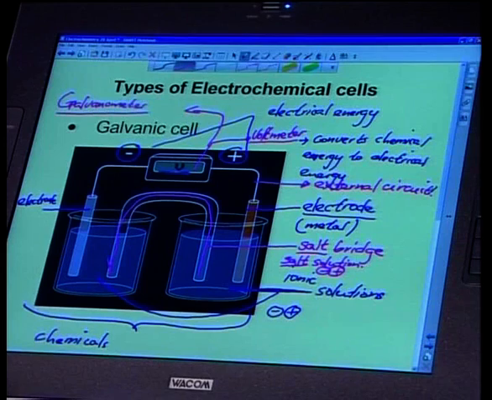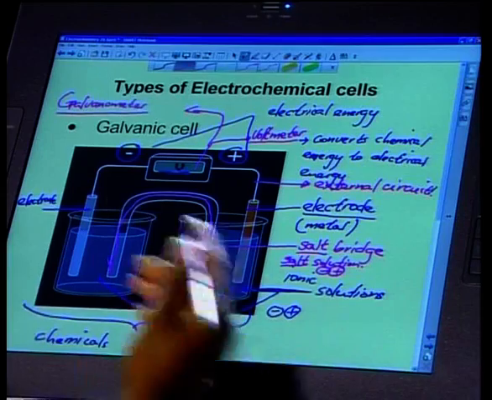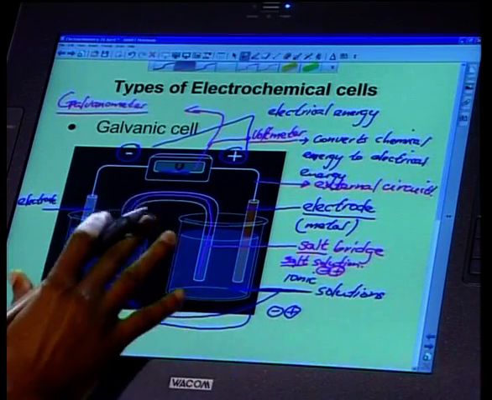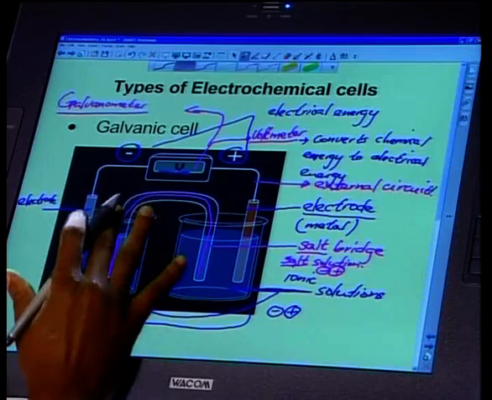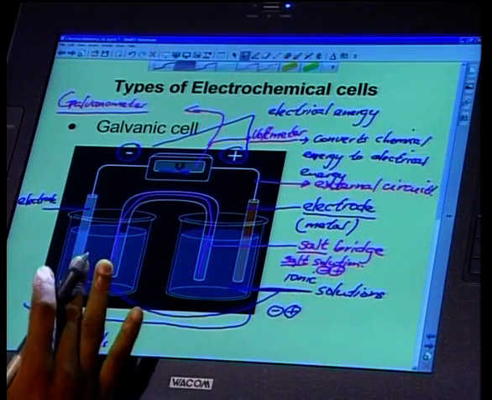Okay, and we're going to explain further about this galvanic cell and of course the electrolytic cell as we move on. But this is basically the general knowledge that we need to know about galvanic cells. The structure, what the different pieces are called, what happens inside them. But most of the content, most of the ideas about what happens inside, we're going to look at as we move on.